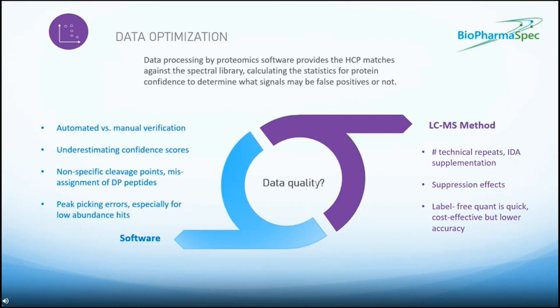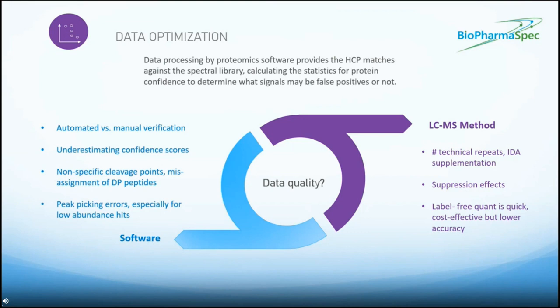So for example, underestimating peptide confidence scores, leading to a protein being excluded from a data set altogether. In these cases, it's often due to a weak library. So it's just something to bear in mind when selecting your method for the library creation. Another is misassignment of HCPs that's due to unexpected proteolytic cleavages normally. It's difficult to predict these sorts of circumstances.